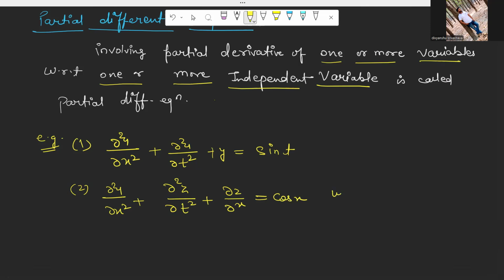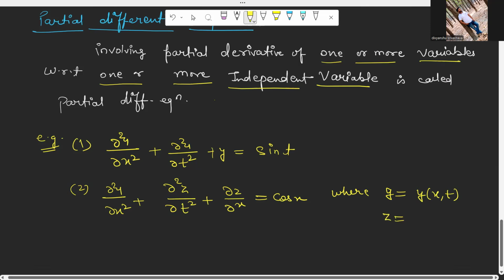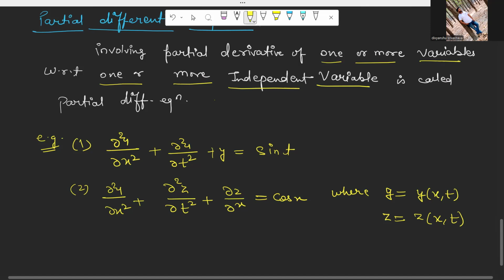Here y equals y of x comma t, and z equals z of x comma t. These are the dependent and independent variables, and the partial derivatives are given for more than one variable and more than one independent variable, which is known as a partial differential equation.